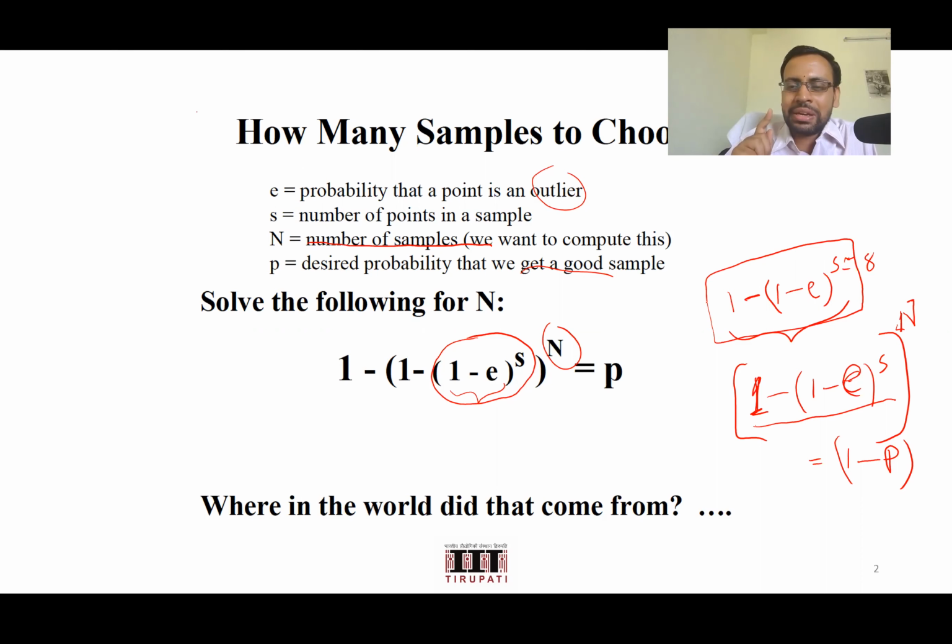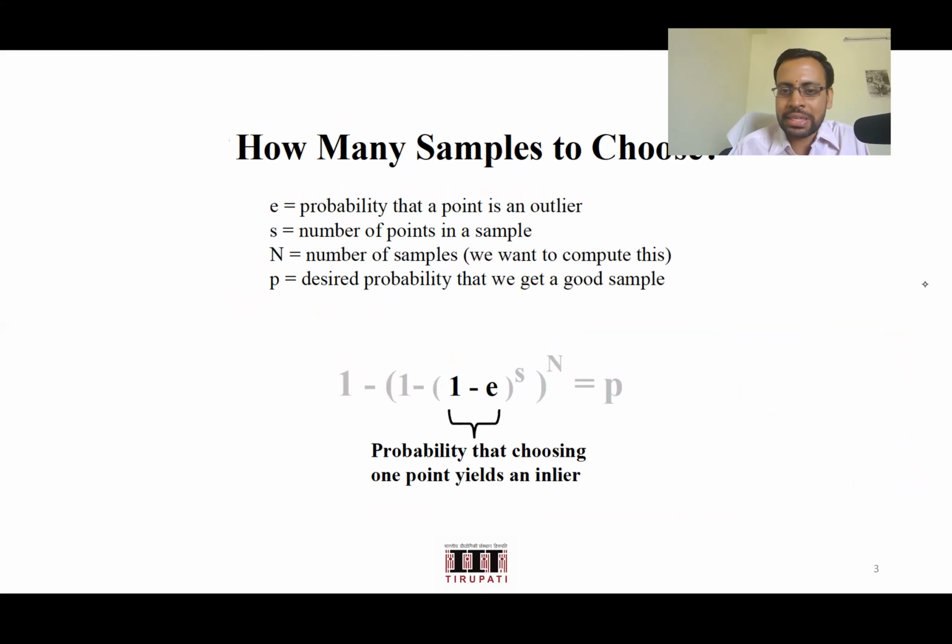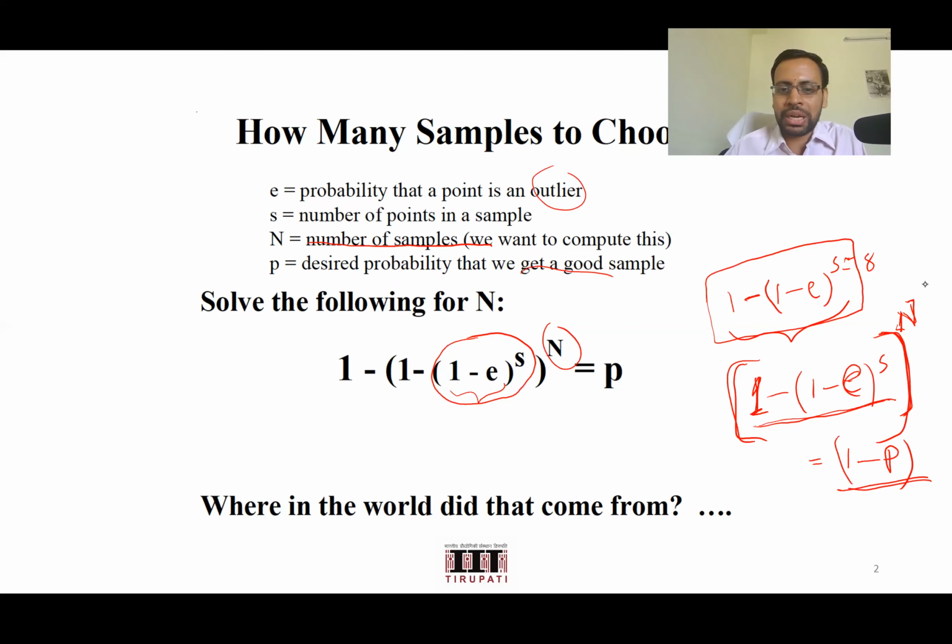So the probability of not getting even a single good sample is nothing but 1 minus P. That is of course equivalent to getting this every time out of n. Just like you did here, 1 minus E power S, this whole thing is raised to the power n, as you are repeating this experiment n number of times.